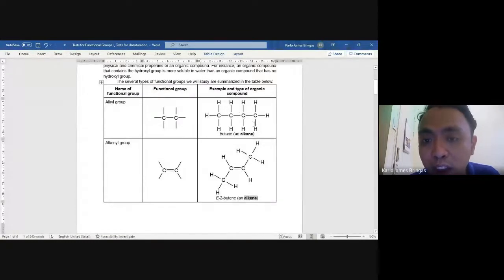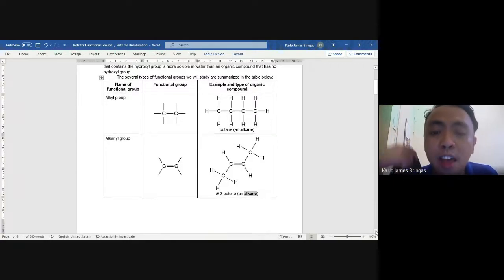In contrast to an alkane, in an alkane, if you notice, all of the carbons have only single bonds. So that's the difference between the two. Alkane, only single bonds. Alkene, it has at least one double bond between the carbons.